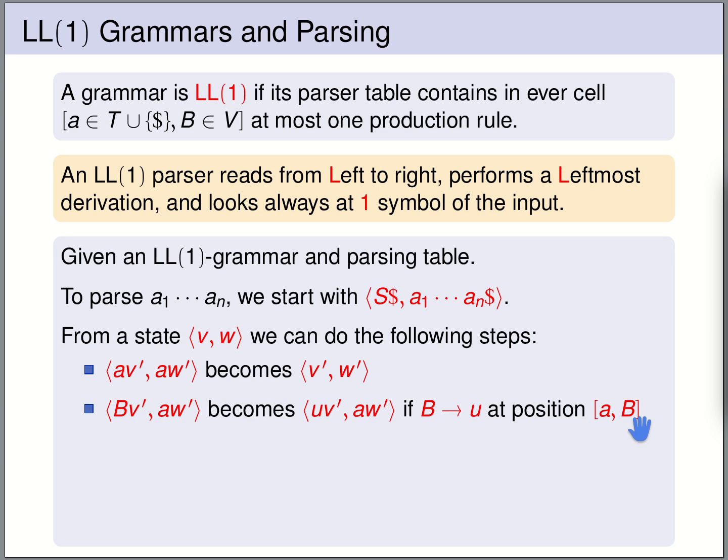We look what rule to apply to variable B in order to derive an A. If there is a rule in the parser table at this position, let's say the rule B rewrites to U, then we apply this rule to B. So we replace B by U. If there is no rule in the parser table, then we are stuck and we reject.